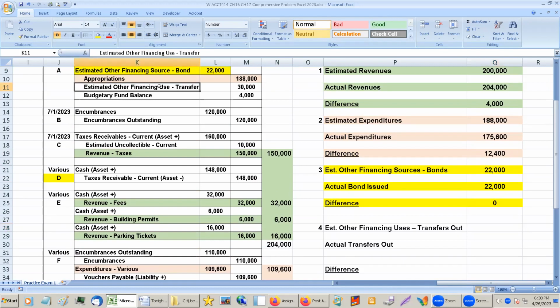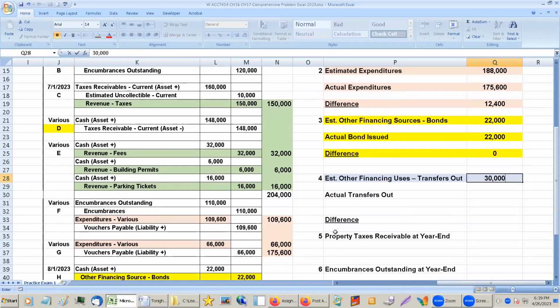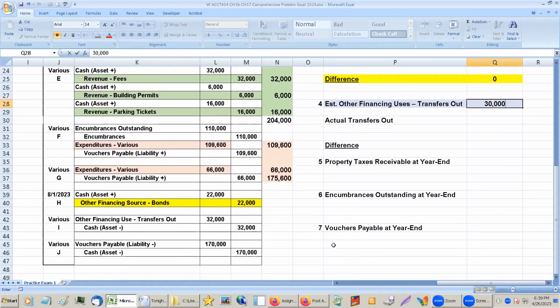Estimated other financing uses, transfers out. And blue. That's too dark. Get a lighter blue, okay. $30,000. Actual was 32,000.